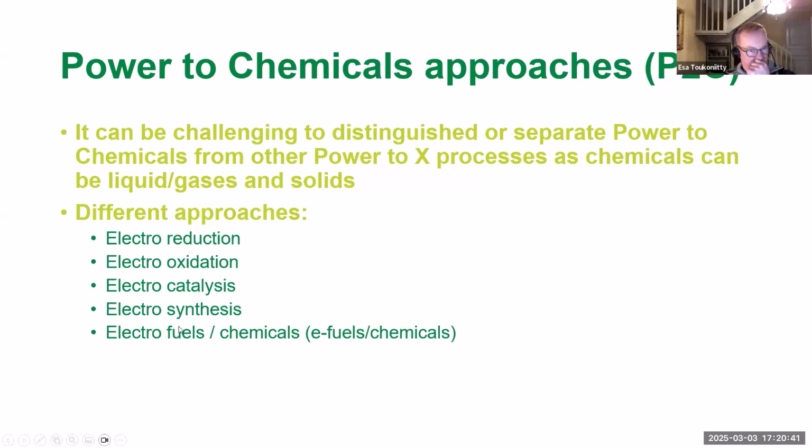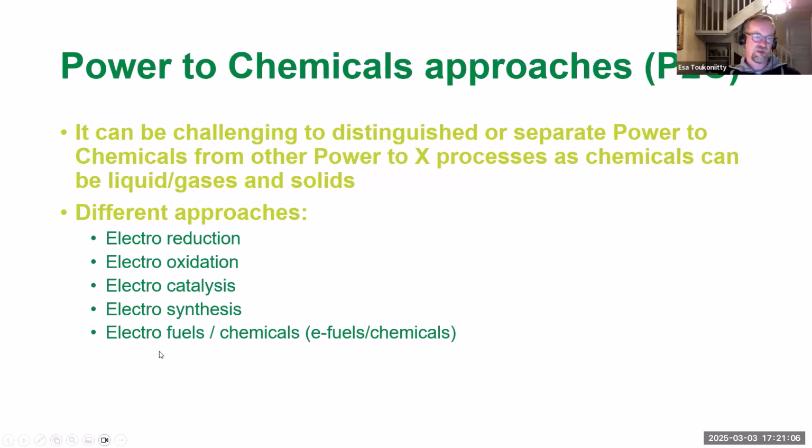Also, the electrosynthesis concept. And then the last point here is e-fuels or electrofuels, electrochemicals. The last point differs a bit from the others, but we cover this on a very general level today.